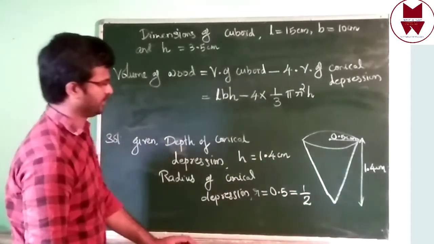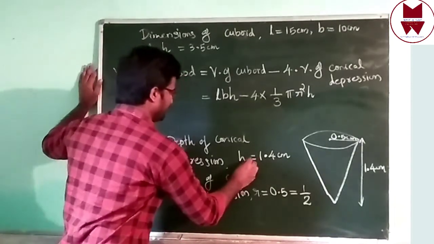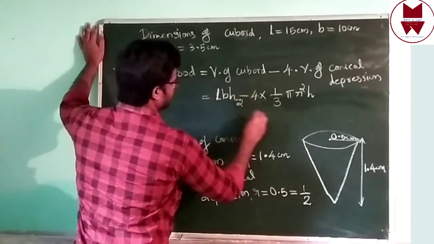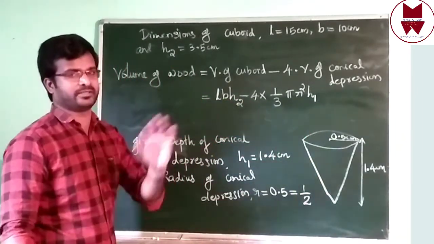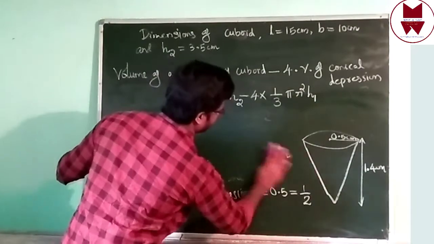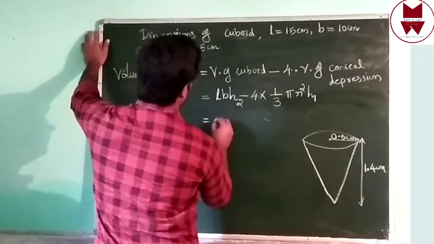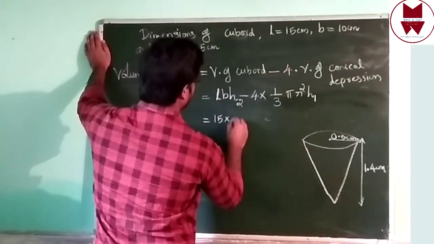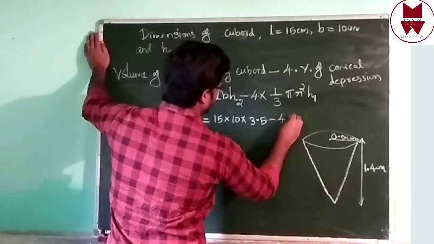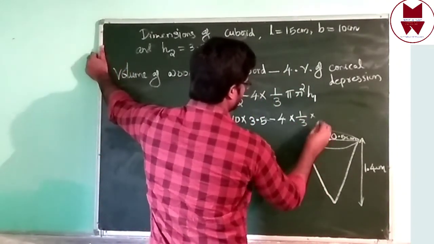Then one more thing you have to understand. Here there are 2 edges. One edge here, also one more edge here, isn't it? That's why we can call this H1 and this H2. That is completely different, so we have to use different symbols. L is 15, B is 10, H2 is 3.5, minus 4 into 1 by 3 into pi.